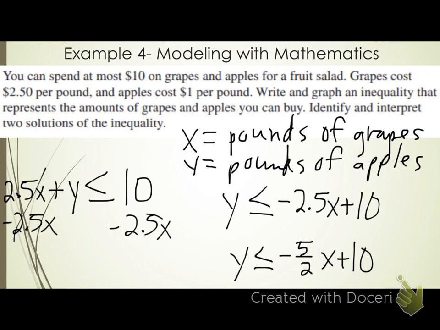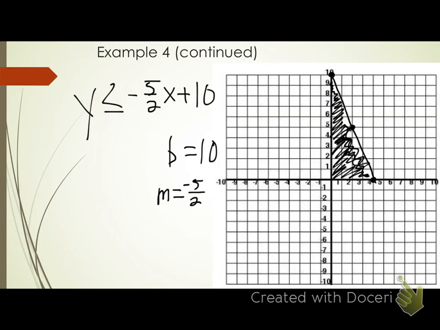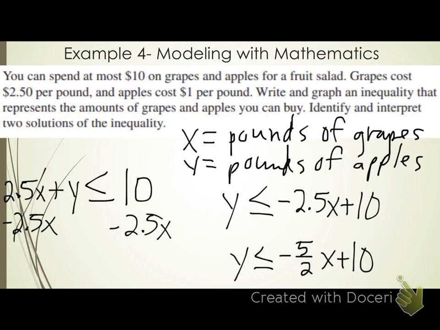Identify and interpret two solutions of the inequality. So what's one solution here that you could give me? 1, 4. Yeah, 1, 4 is right here. That's in my shaded region. That means it's a solution, right? What does that mean in this case, if I have 1, 4?